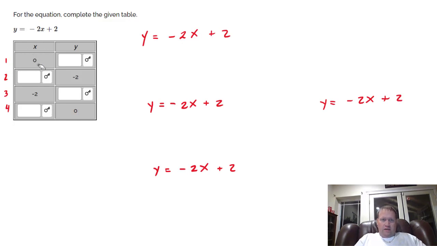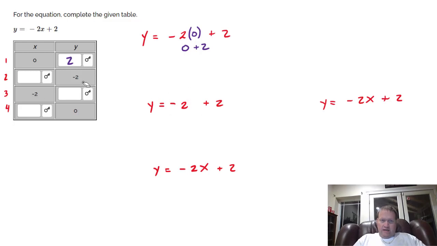Let's do number 1. X is 0, so I'm going to take away that, and I'm going to put in place of x a 0. And negative 2 times 0 is 0, and then plus 2 is just 2, so y would equal 2. And I'm going to go ahead and do the negative 2 right there, number 3.